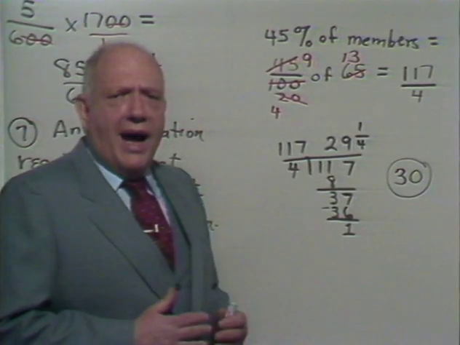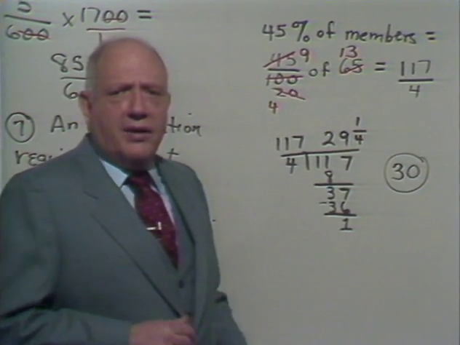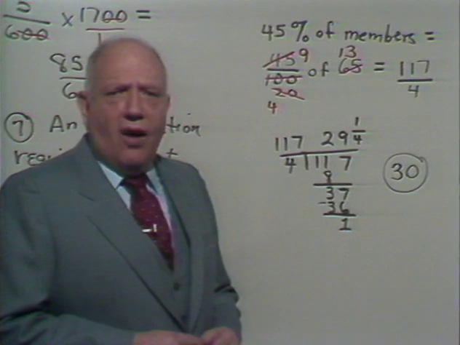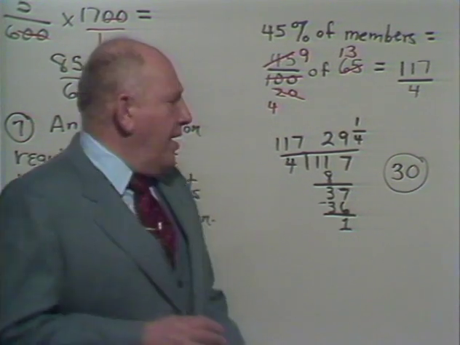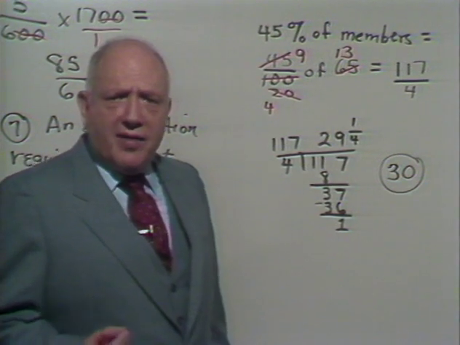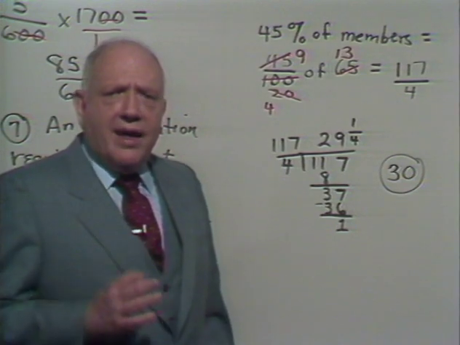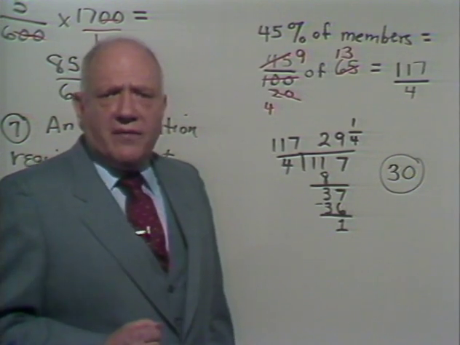Now that causes a big argument. Which fourth are you going to let in? And since we don't want to brutalize anything, basically the way the problem is solved, and here's what I mean by common sense. If I told you to round off 29 and 1/4, 1/4 is less than half, the answer would be 29, wouldn't it? But the problem says at least 45% have to be women.